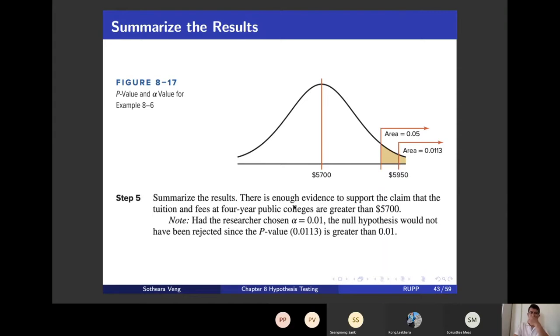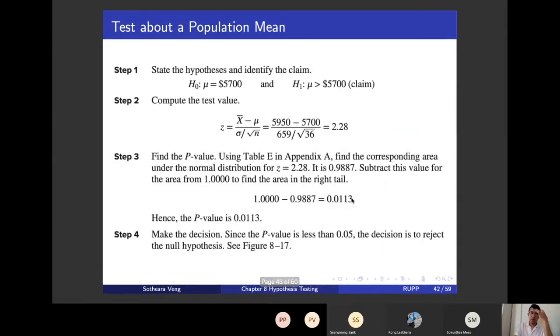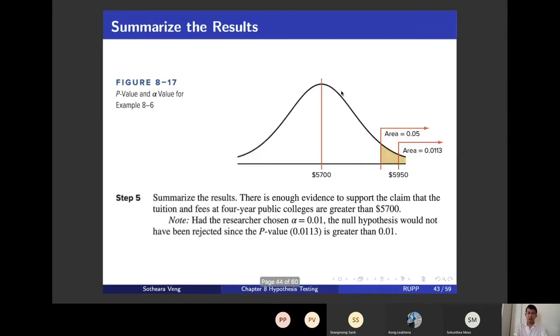There is enough evidence to support the claim that the tuition fee at a 4-year public college is greater than this value. So you reject H0, meaning that you support the alternative hypothesis H1, right? So it means the claim is supported by the data we collected, right?